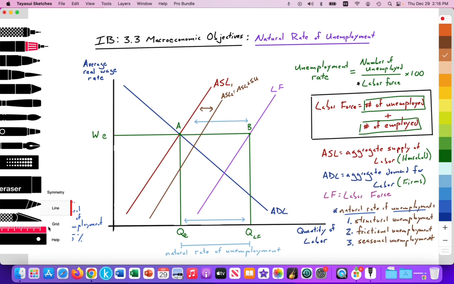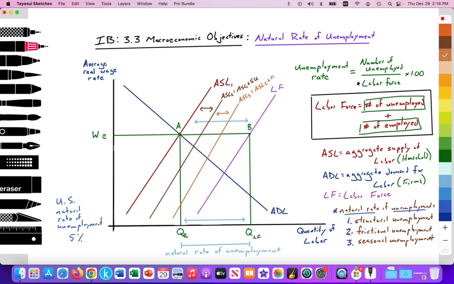Then we also have this distance here. All right, and this could be the value of, we'll call this ASL3. This is equal to ASL2 plus the frictional unemployment.